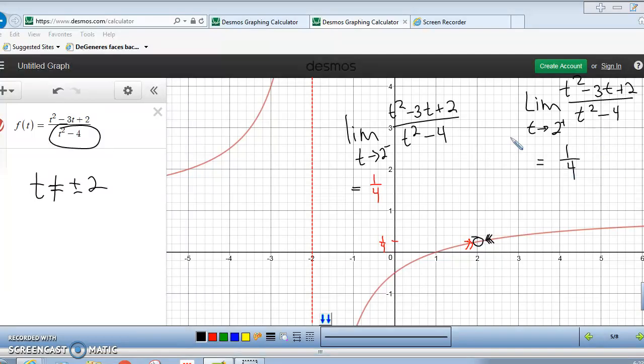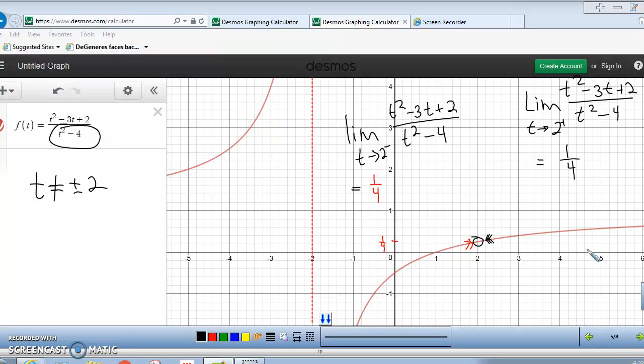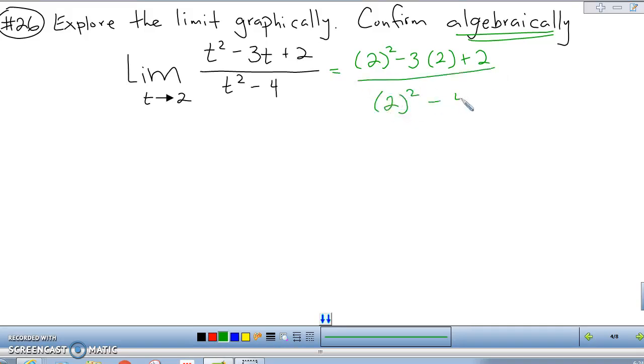Now, however, when we want to confirm this algebraically, we get, once again, direct substitution: 2 squared minus 3 times 2 plus 2 over 2 squared minus 4.